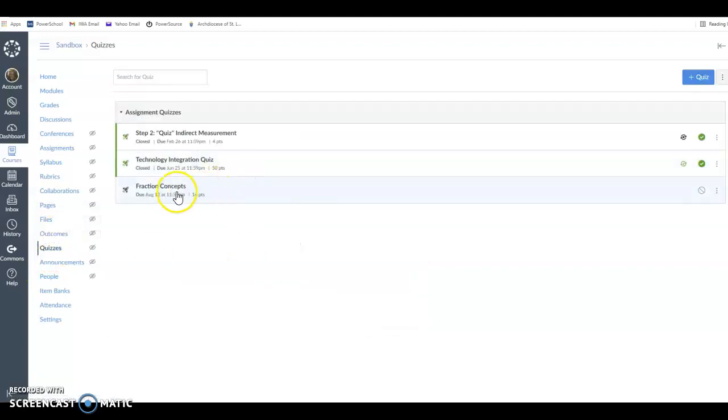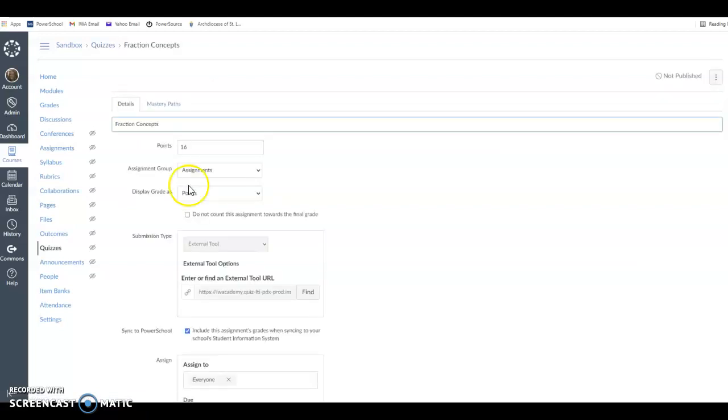So quizzes here. I did a fraction concepts quiz. It's 16 points, so there's 4 questions, each worth 4 points based on the standards. Something I need to figure out, since I teach math, is how I can utilize Canvas quizzes but also still be able to see a student's work while they're doing it, so I can walk through that process with them.